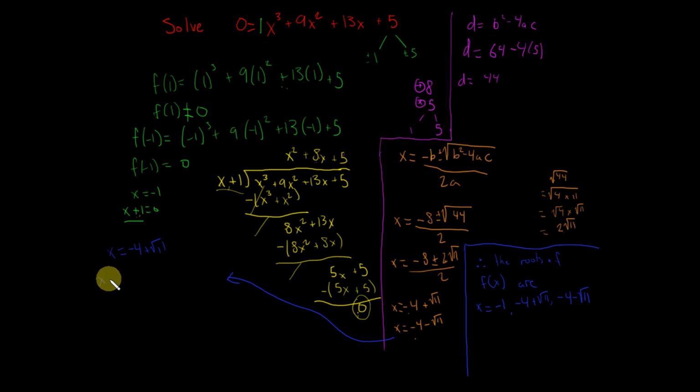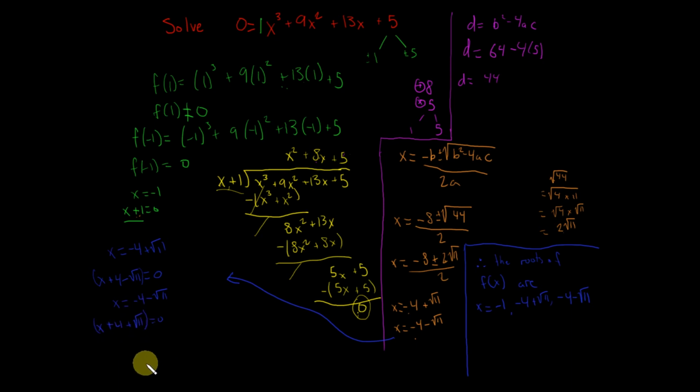So x plus 4 minus root 11 equals 0. This would be one of the factors, and the other factor would be x equals -4 minus root 11. If I isolate it for 0, it would be x plus 4 plus root 11 equals 0. This would be the way of writing it in factored form.